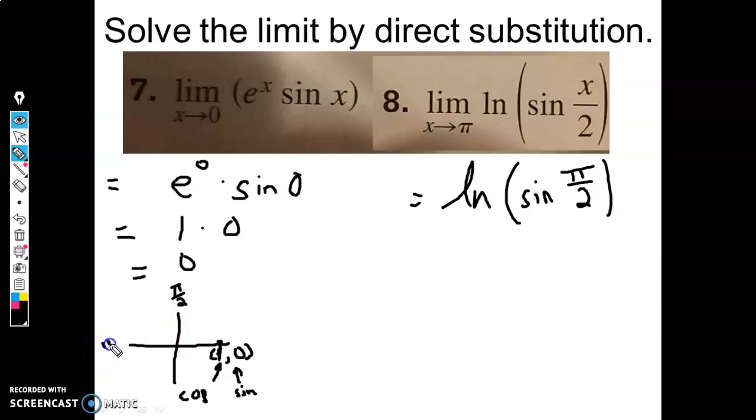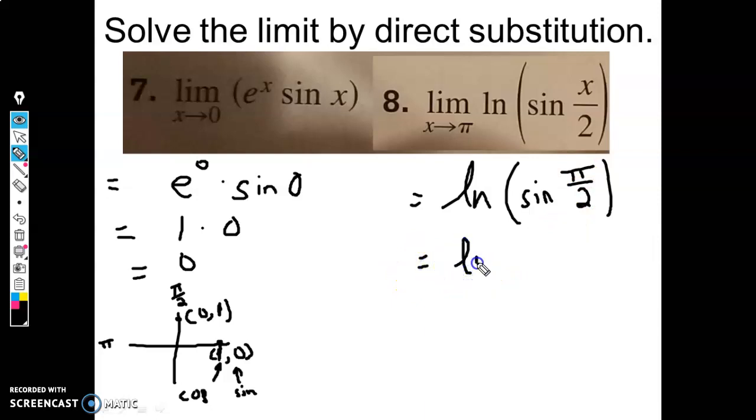Pi is 180 degrees, 3 pi over 2 is down here. So you have pi over 2. Well, what is the sine value of pi over 2? If sine is y, the y value at pi over 2 is 1. So sine of pi over 2 is equal to 1.